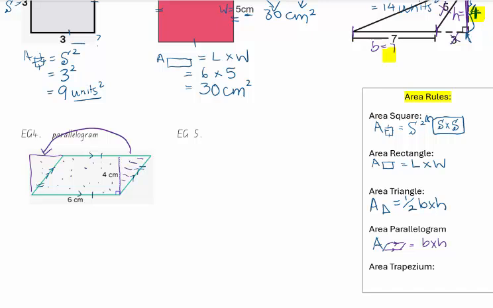So base equals 6, because that's the bottom of my rectangle, and height equals 4. Write the rule of a parallelogram equals base times height. Now I'll sub my values. 6 times 4 is 24. What are my units? Centimetres times centimetres is centimetres squared. And there you go.